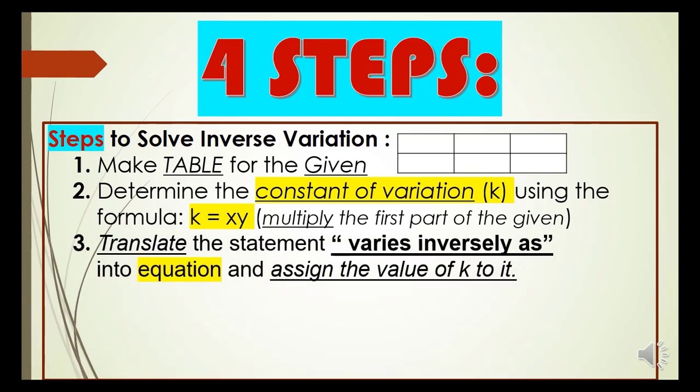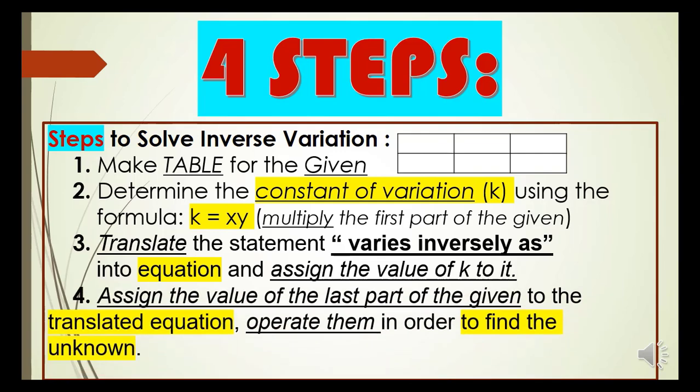Step number 3, translate the statement "varies inversely as" into an equation and assign the value of k to that equation. Last step, number 4, assign the value of the last part of the given to the translated equation. Operate them in order to find the unknown.